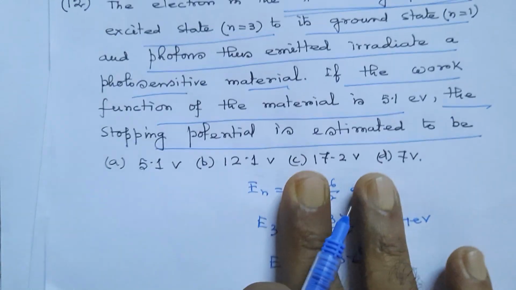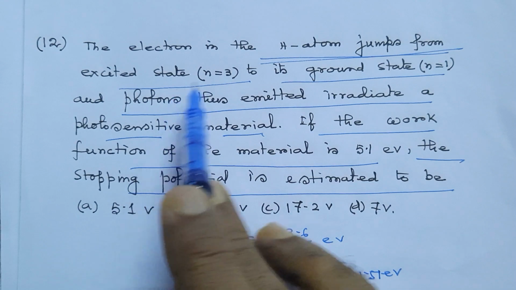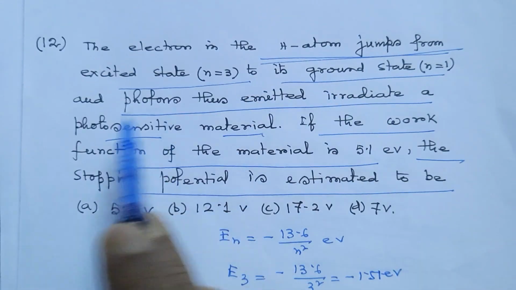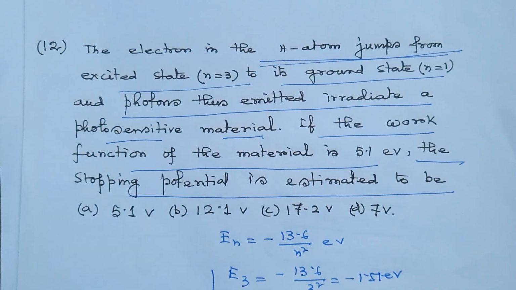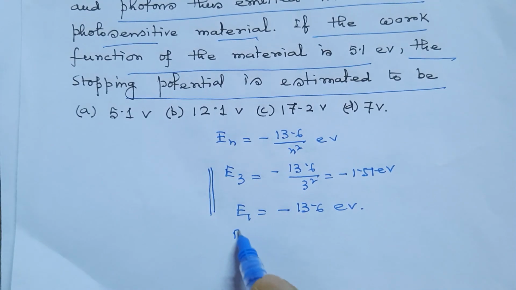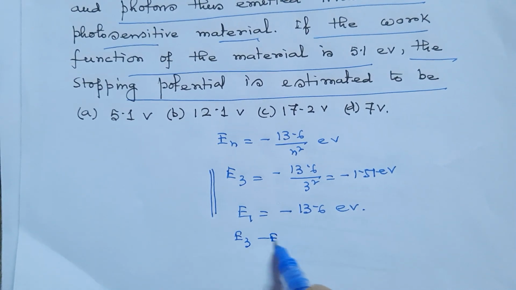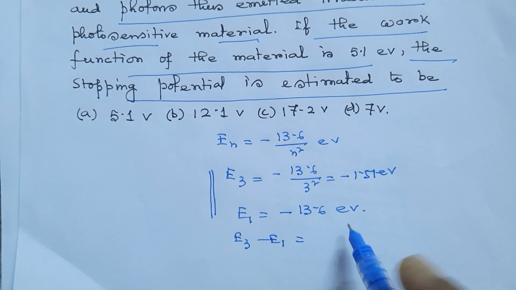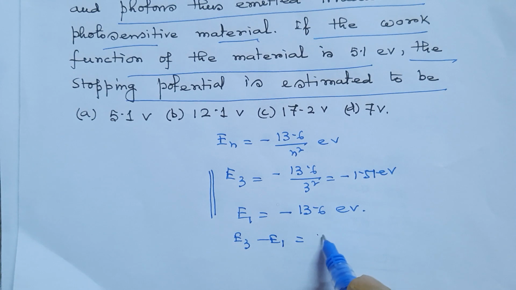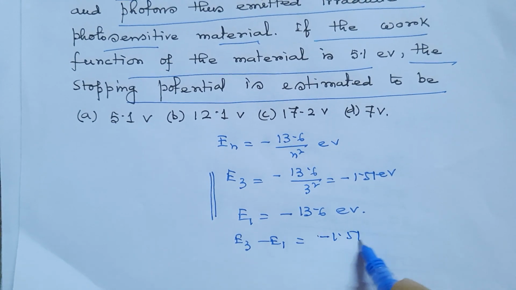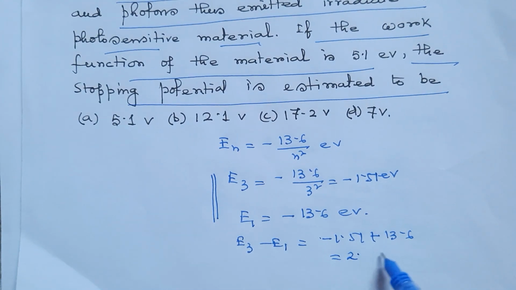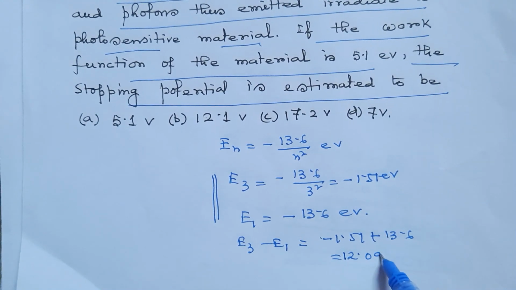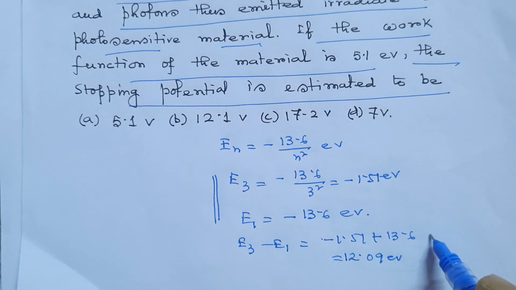So the energy difference, because the excited electron goes to the ground state, it will emit the energy difference between the two orbits, and the energy difference is E3 minus E1 equals minus 1.51 plus 13.6, that is equal to 12.09 eV.